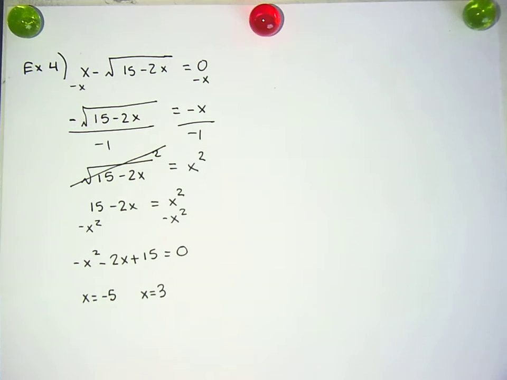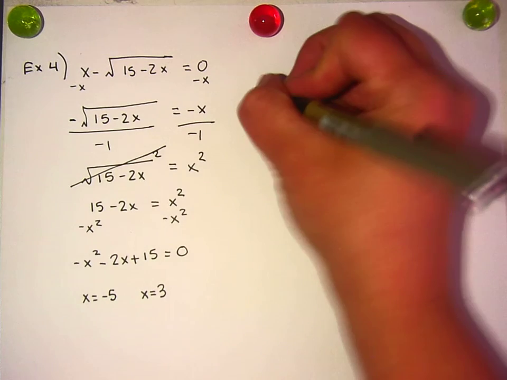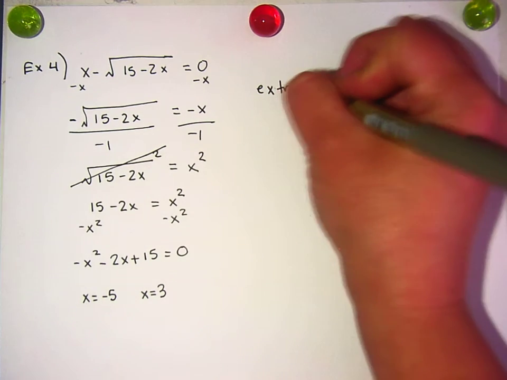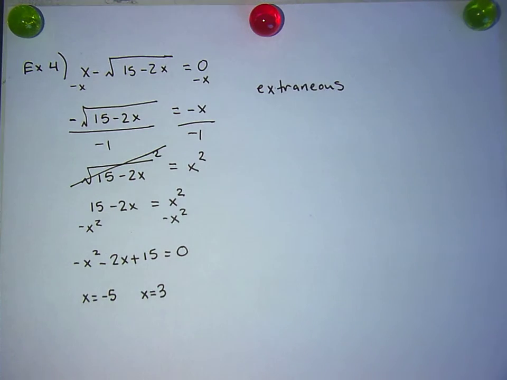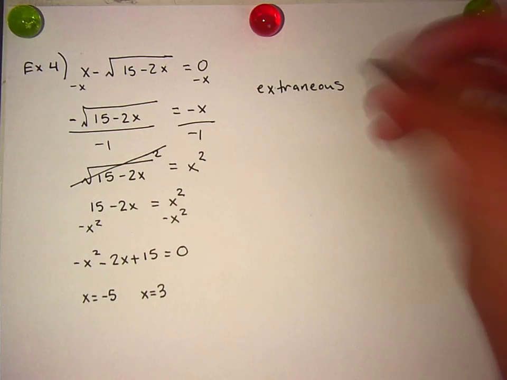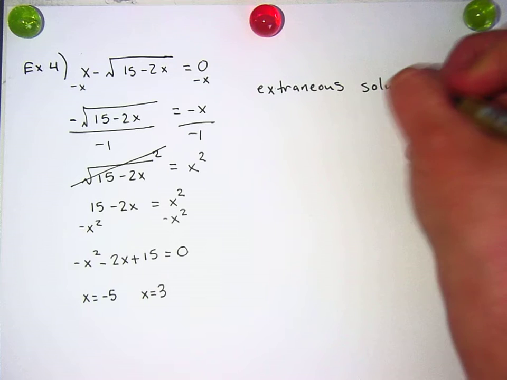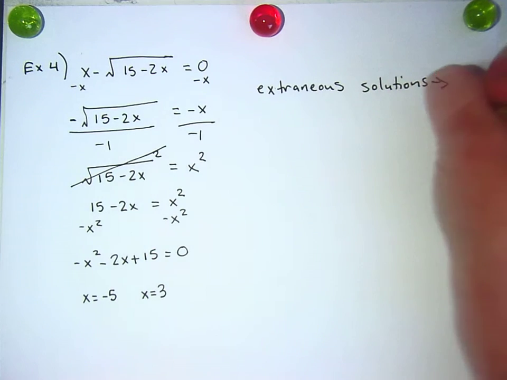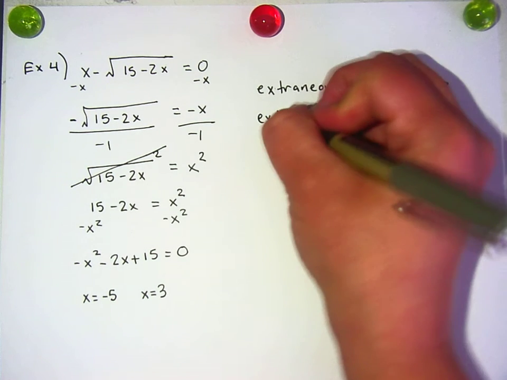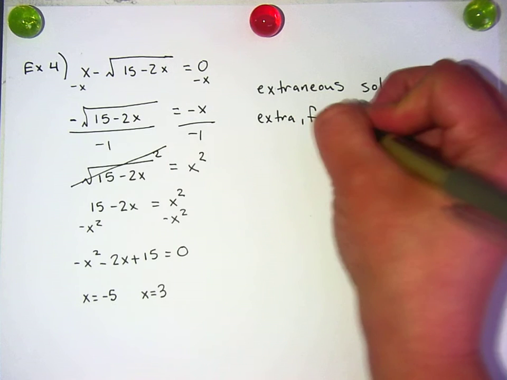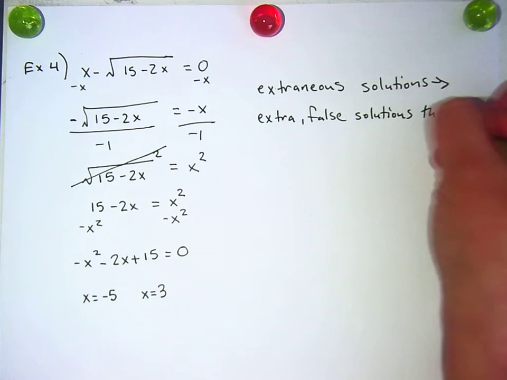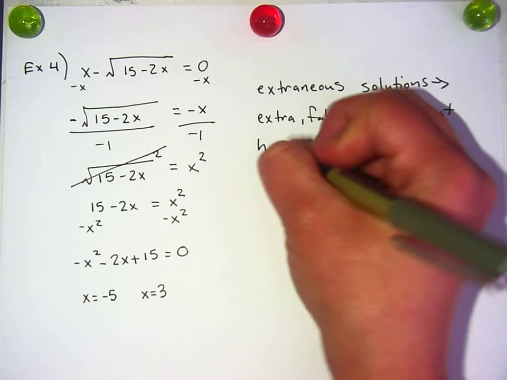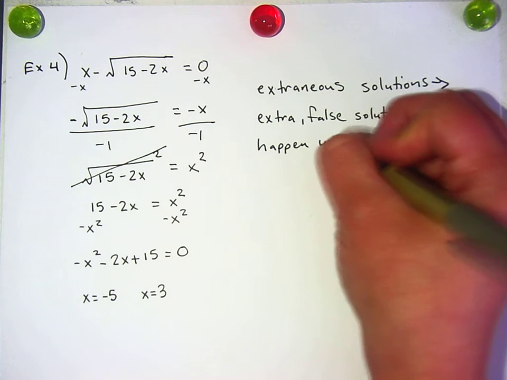Okay. All right, now, one of these actually doesn't work, and this is something called an extraneous solution, so we're going to write this down. Extraneous. It's like extra solutions, extra false solutions that happen when you square something.